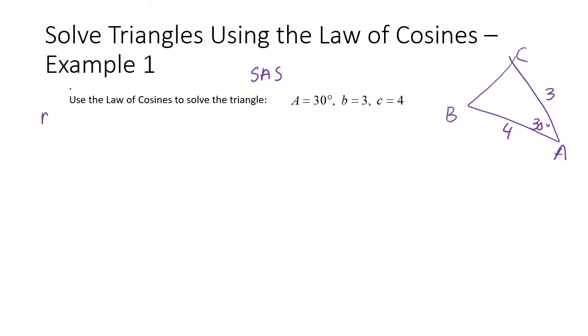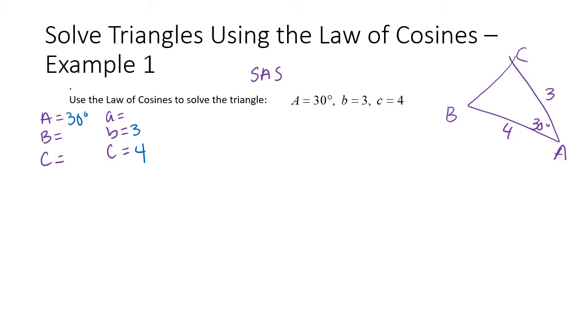So for me, whenever I'm solving for triangles, I always write out everything just to make sure I don't forget anything. So I know that little b is 3, little c is 4, and angle A is 30 degrees. So when I set this up, let's first solve for little a.